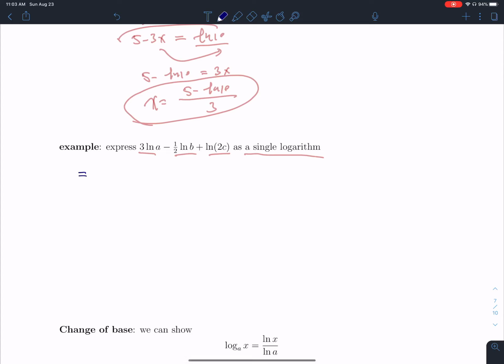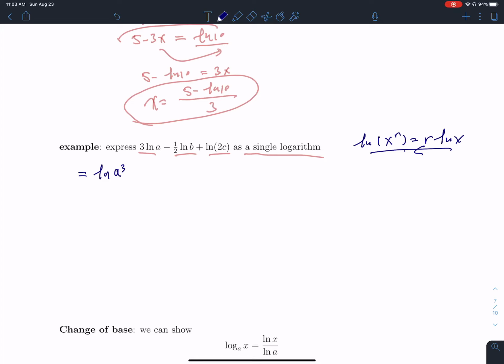For the first term, we notice the law we want to use is log x to the power r equals r times log x, and we have to use it from the right-hand side to the left-hand side. So that means the first term is log a to the power 3.